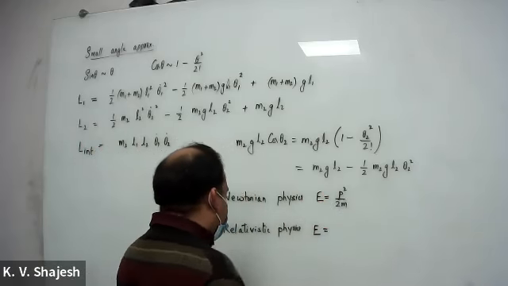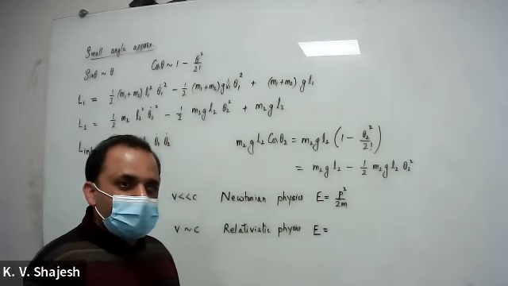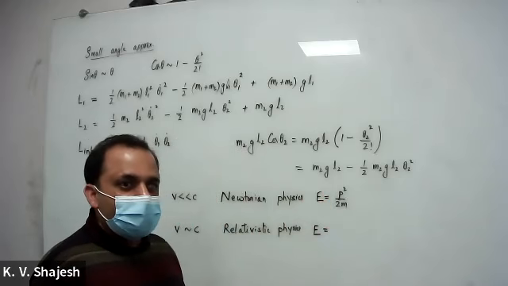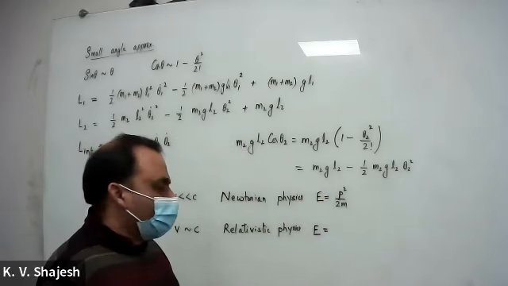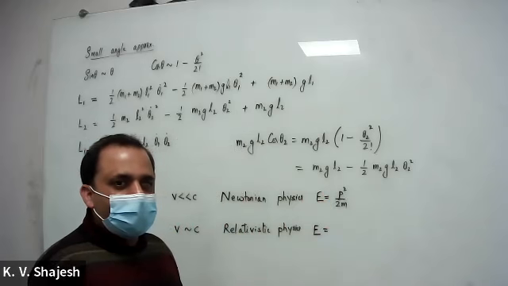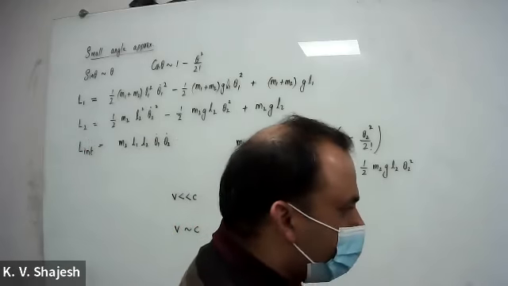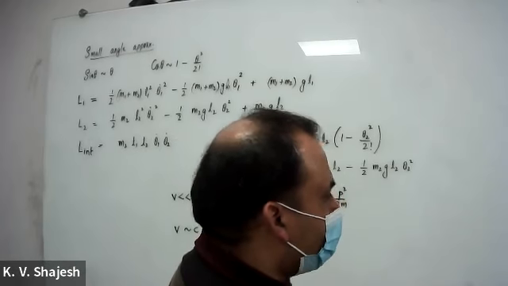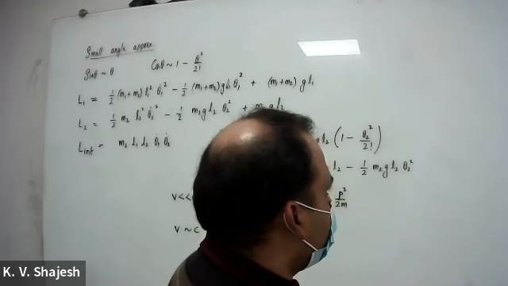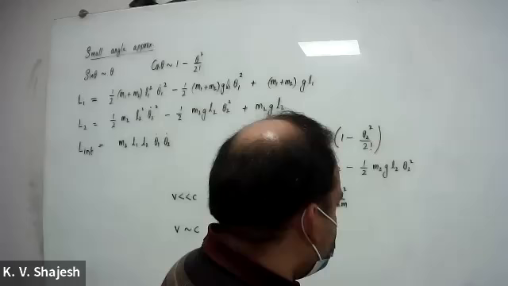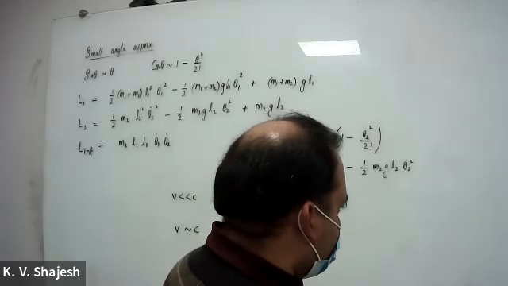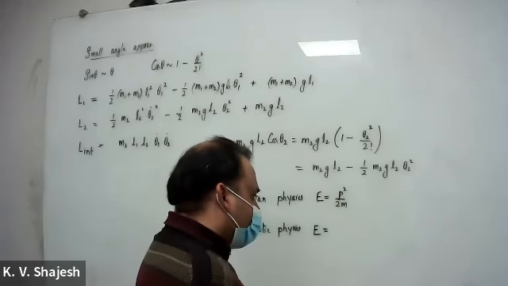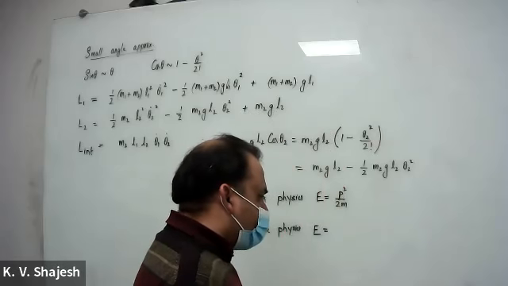Energy in relativistic physics is how much? Gamma minus 1 mc squared. Yeah, you're correct actually.